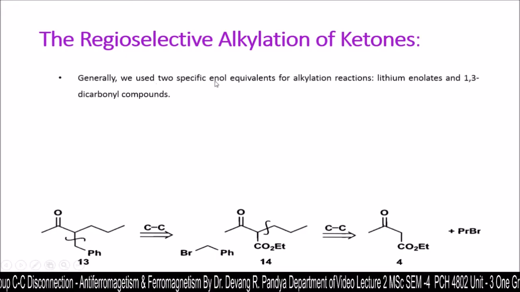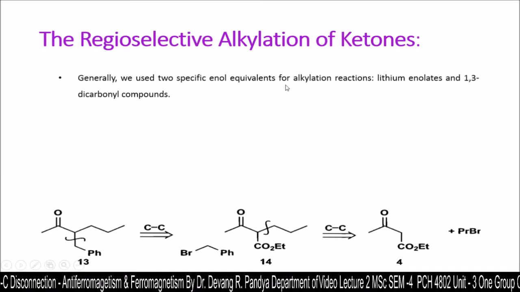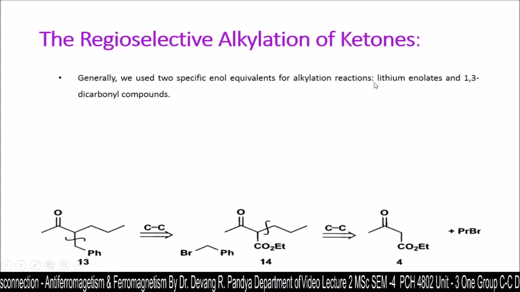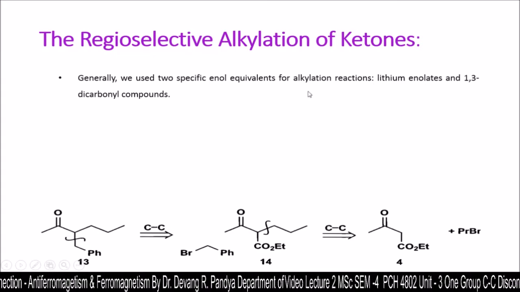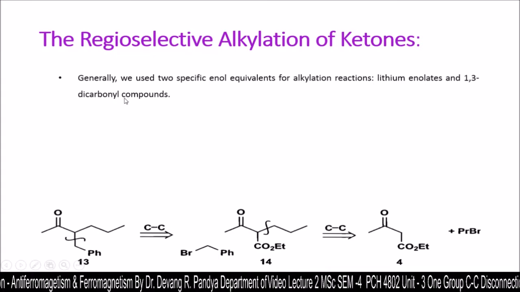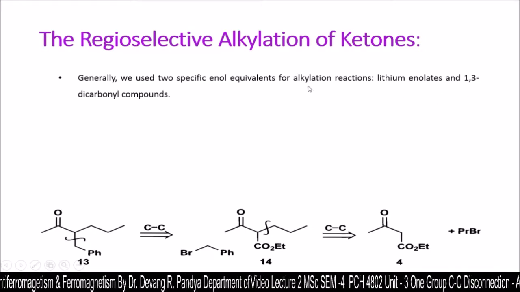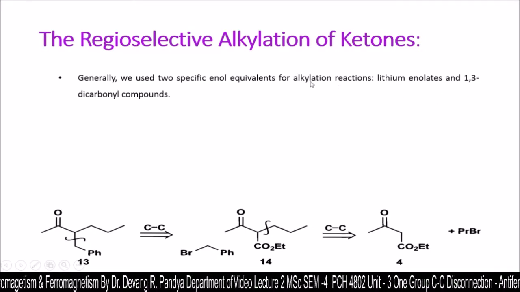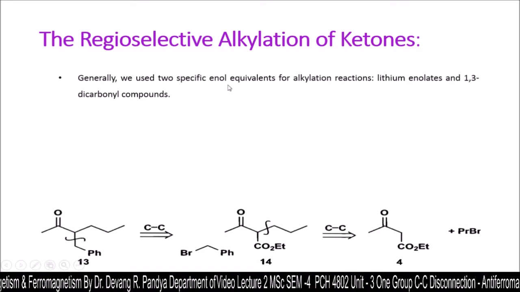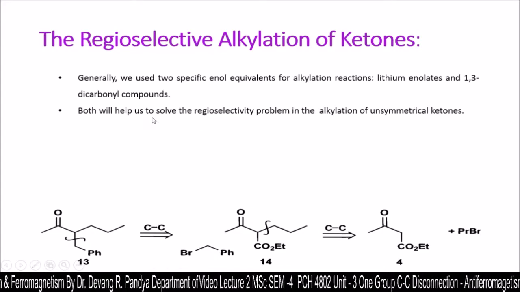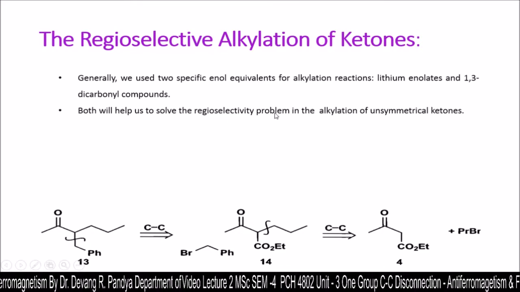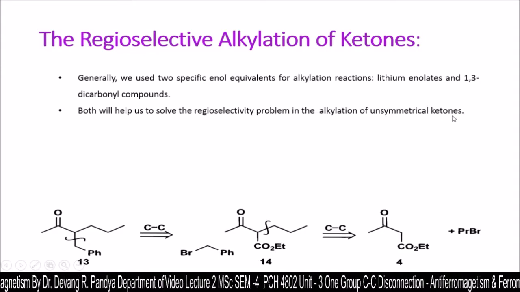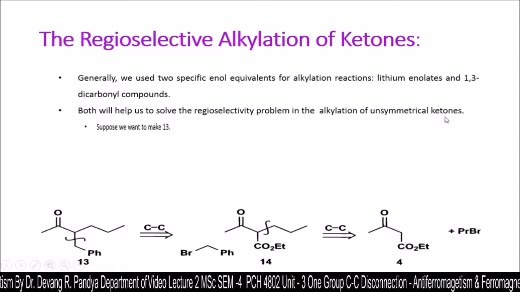Generally, we use two specific enol equivalents for alkylation reaction, that is lithium enolates and 1,3-dicarbonyl compounds. These are the reagents required for the alkylation of enol. Both will help us to solve the regioselectivity issue in the alkylation of unsymmetrical ketone.